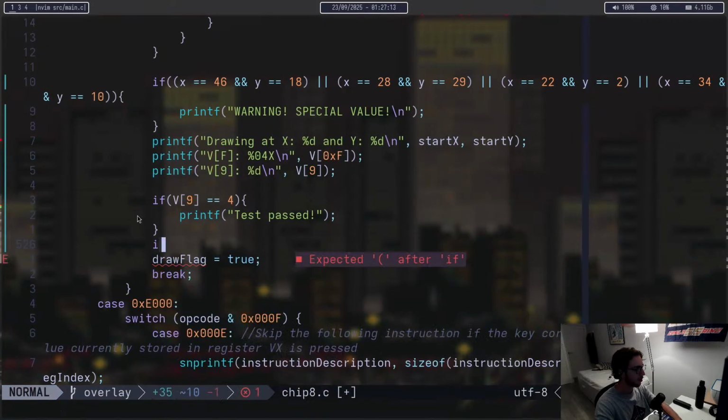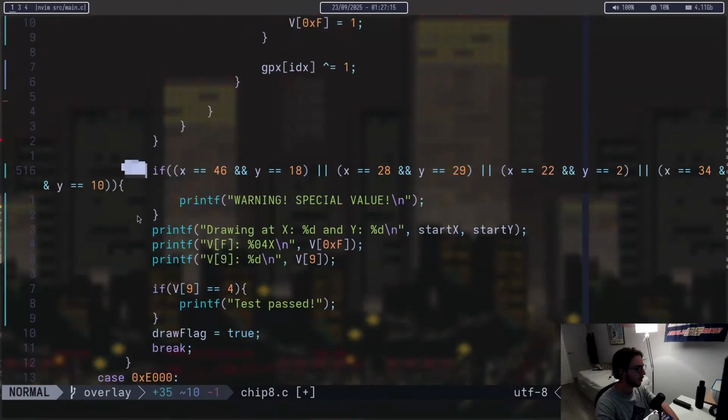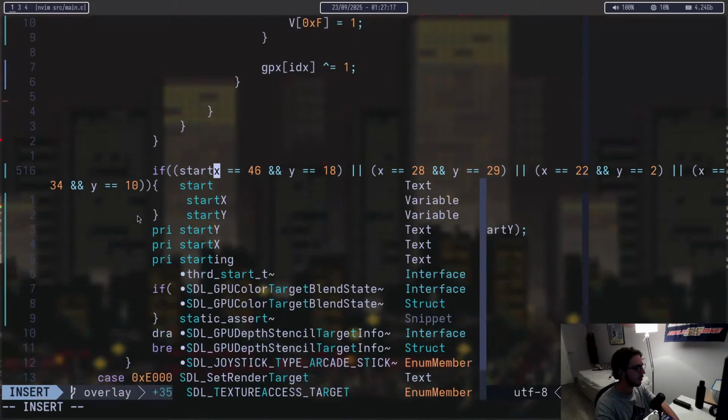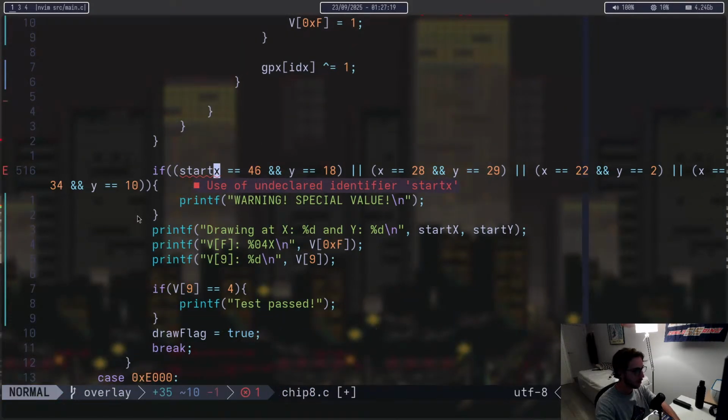It's probably because I'm checking for X, not start X, which is what I should be checking for.